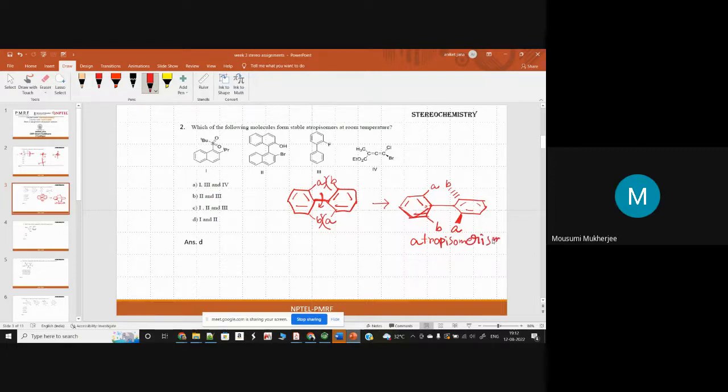Is this clear? Yes, sir. Okay, so due to the presence of this bulky group in the ortho position of the phenyl ring, this kind of isomerism occurs. There is also a conformer of this molecule. If A is above the plane, in the next conformer this A may be below the plane.